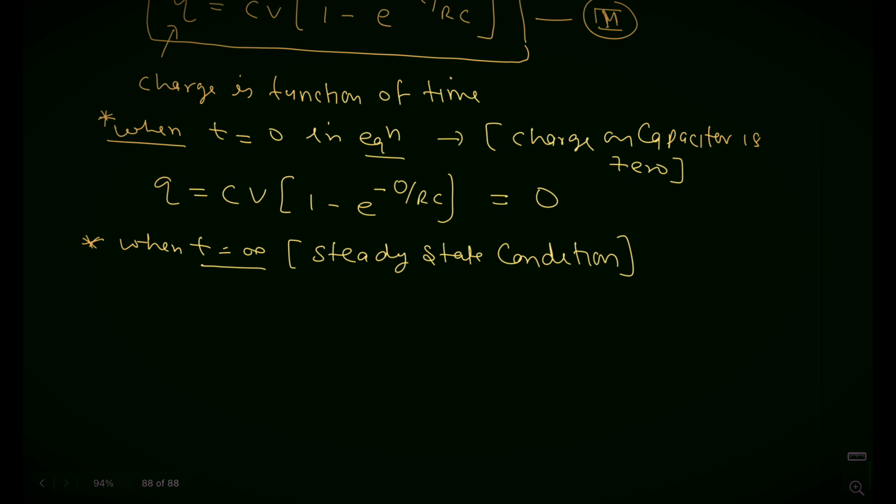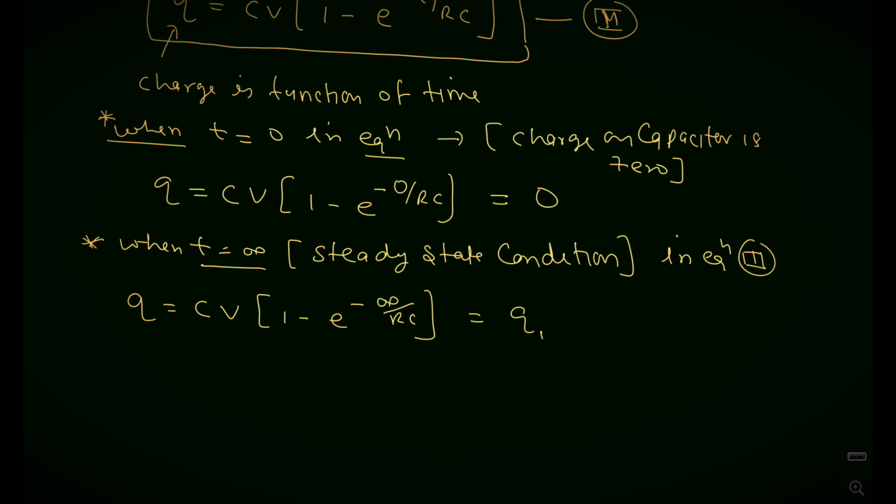When I put t equal to infinity in equation third, then q becomes CB(1 minus e power minus infinity upon RC), which is nothing but 1 minus 0 only. Then we get q maximum as CB only. So for finding the maximum charge, time becomes infinite.